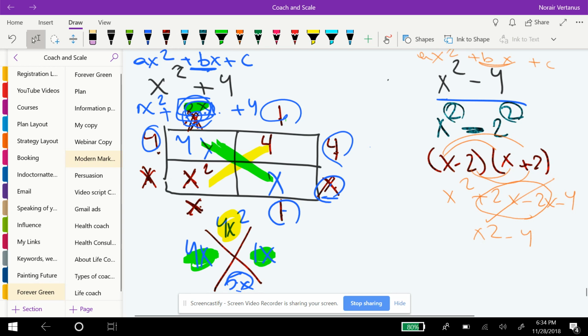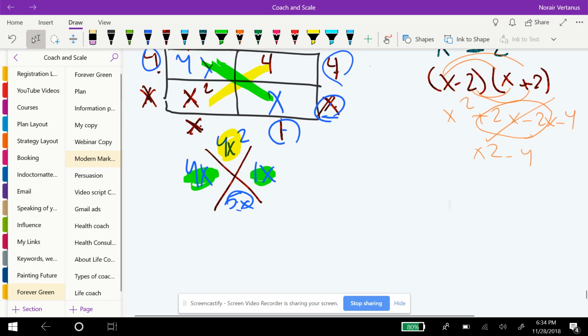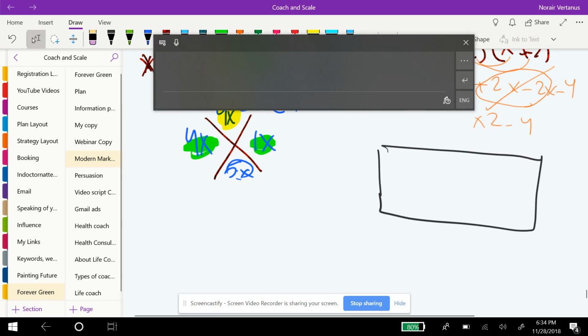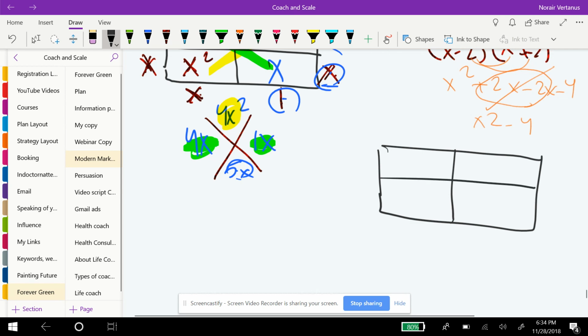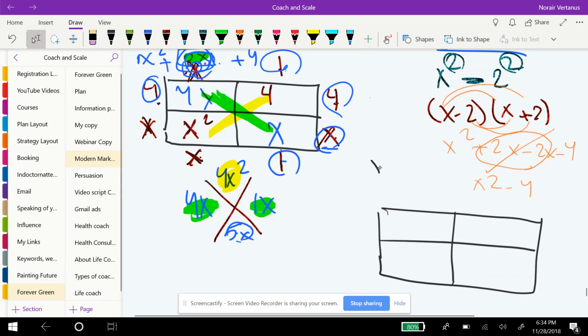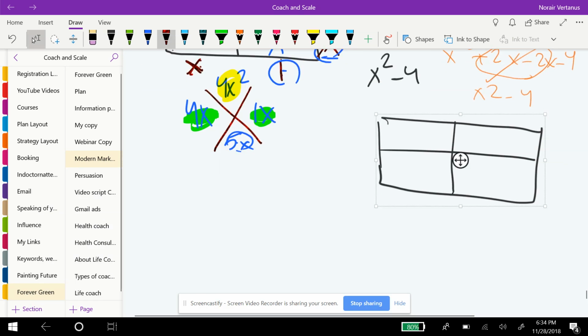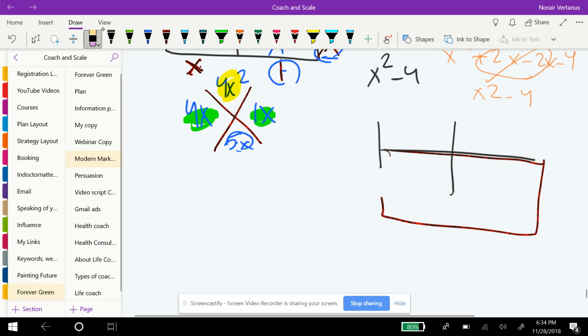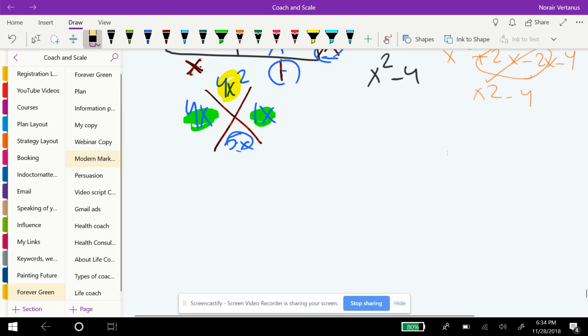Now I'm going to use the rectangle, area method, and diamond method on that. So let me write this here, x squared minus 4.